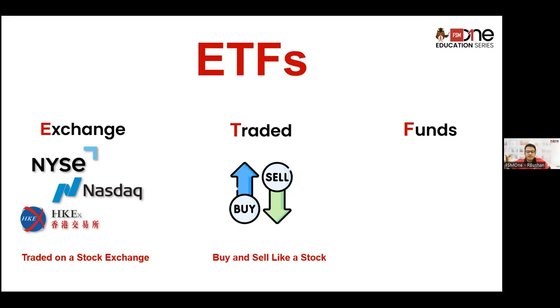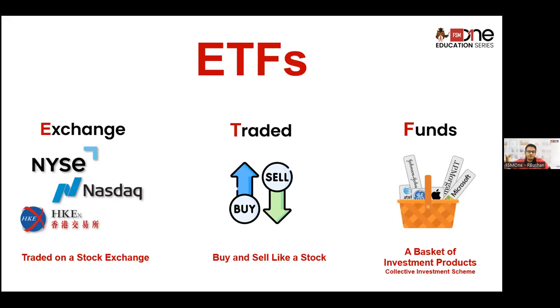How an ETF is structured is that it behaves like a fund. To put it in context, a fund is like a unit trust, because some people might not understand the word fund, but for us Malaysians, unit trust is a better way to understand it. A fund consists of a basket of products. It could be equities, meaning stocks, or other underlying instruments like bonds.